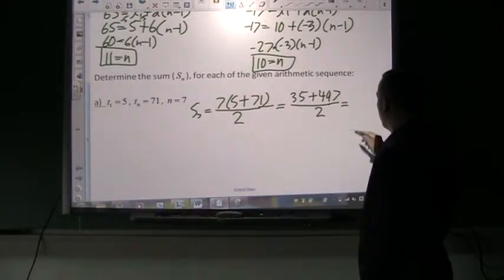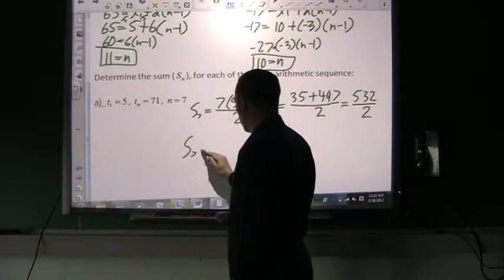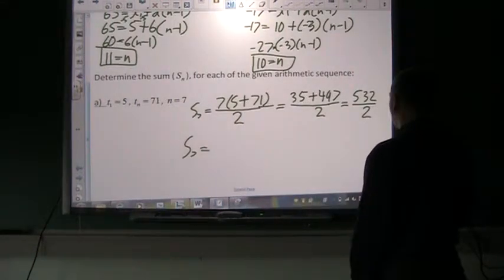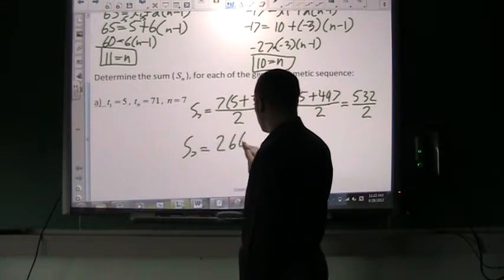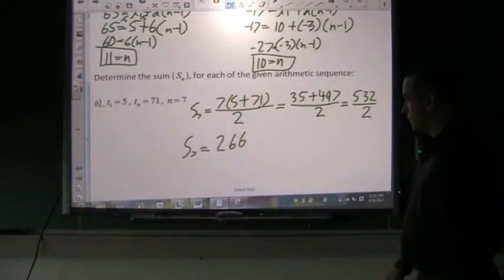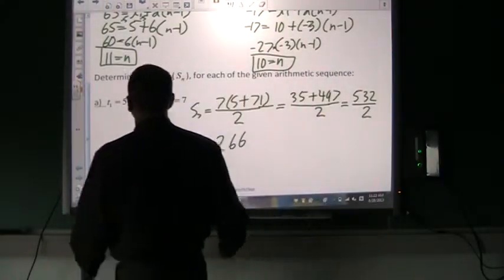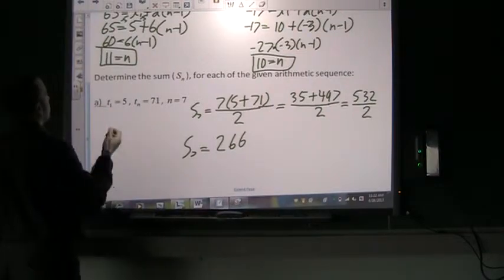So you end up with 532 divided by 2. So that's going to give us 250 plus another 16 is 266. If you find an error in my mental math, it's fine. You can always check yours with the calculator.